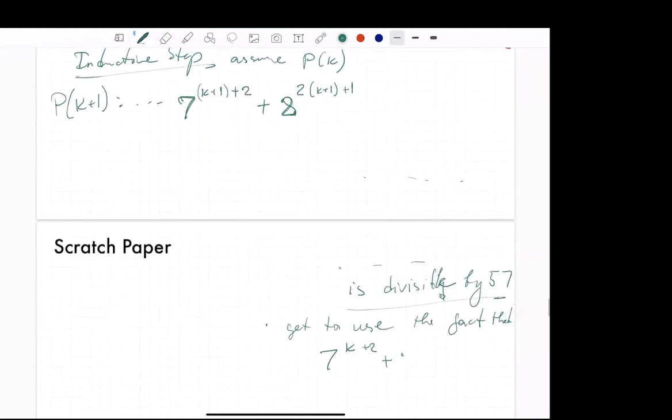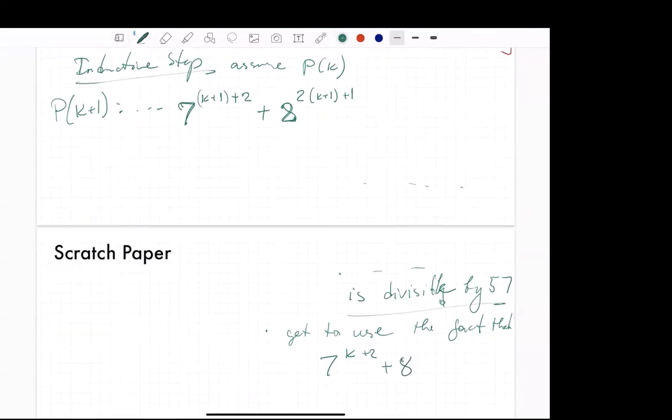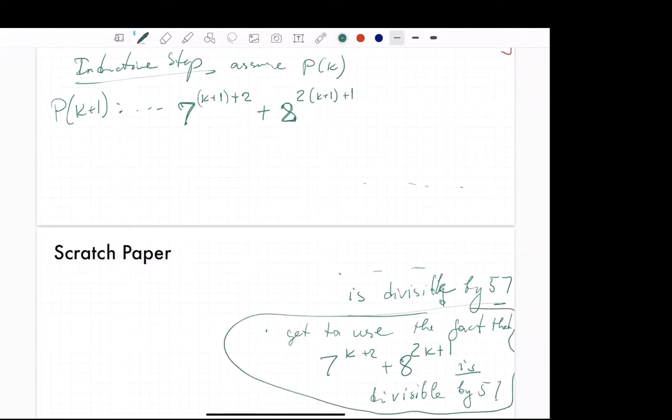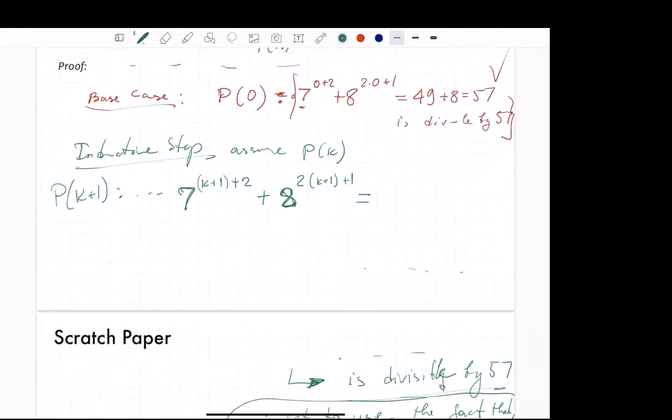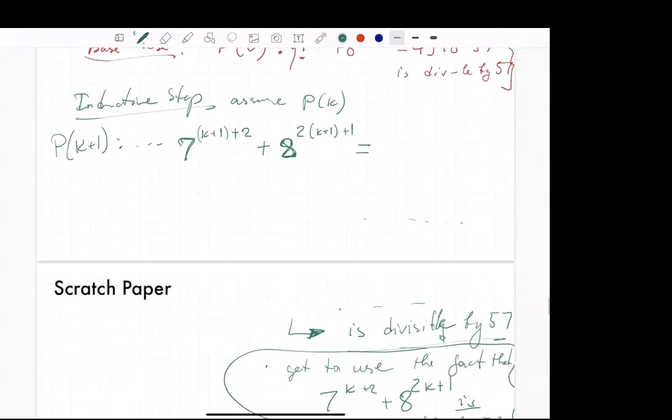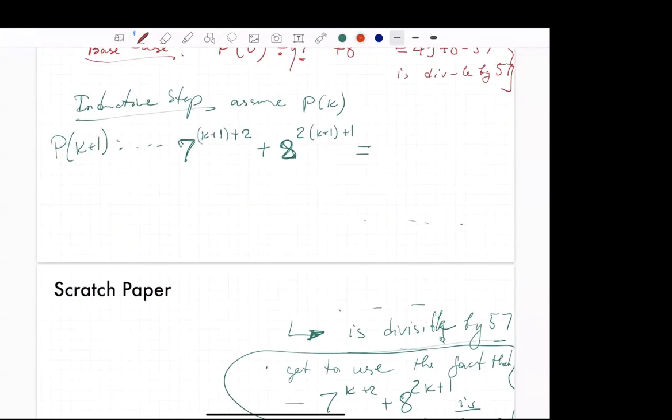The 7 to the k plus 2 plus 8 to the 2k plus 1 is indeed divisible by 57. So I get to use this fact, but I want to conclude this fact after I do whatever I'll do.